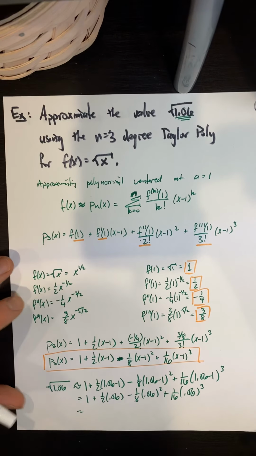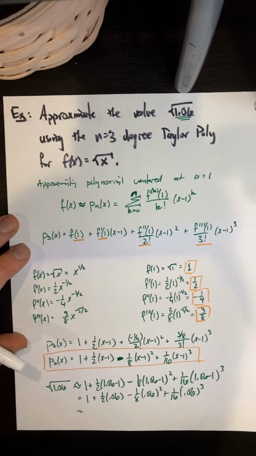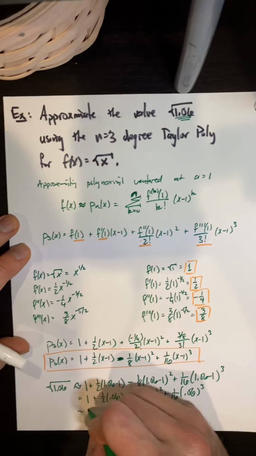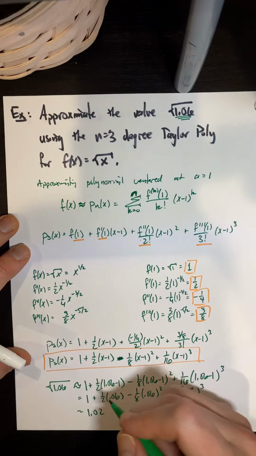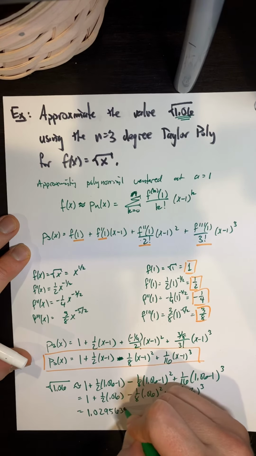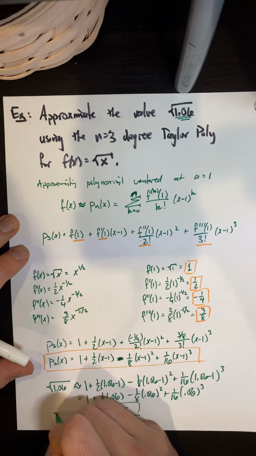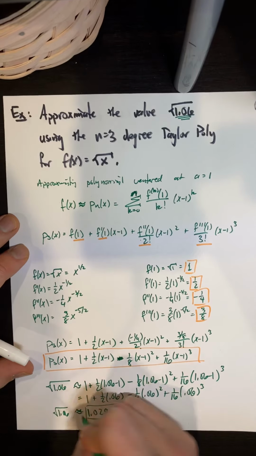Let's put it in my calculator: 1 plus 0.06 divided by 2 minus 0.06 squared divided by 8 plus 0.06 cubed divided by 16. So we get 1.0295635. And that would be my approximate value for the square root of 1.06.